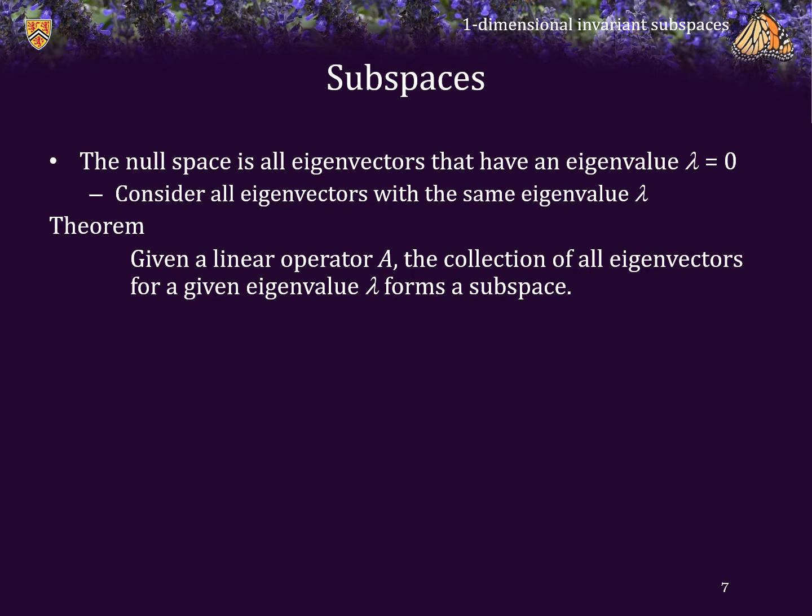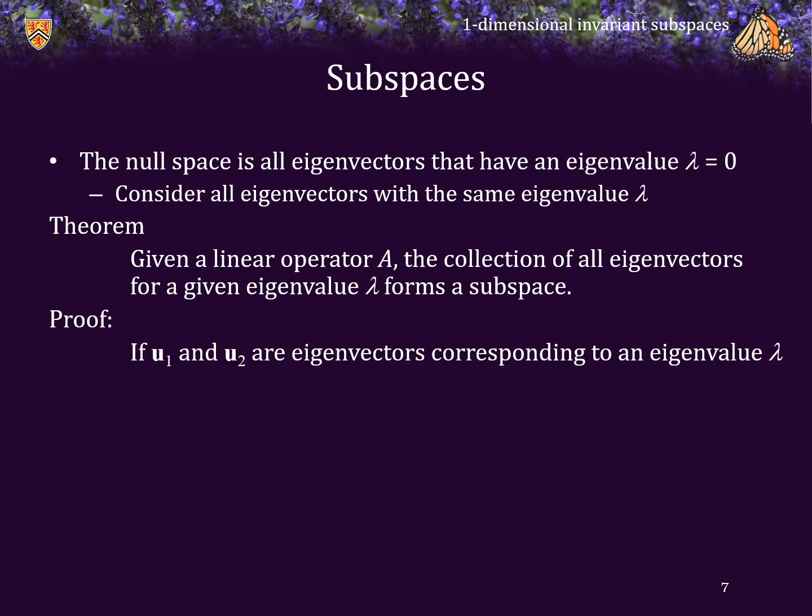Theorem. Given a linear operator A, the collection of all eigenvectors for a given eigenvalue lambda forms a subspace. Proof. If u1 and u2 are eigenvectors corresponding to an eigenvalue lambda, well, then it follows that A applied to u1 is that scalar multiple of u1, and A applied to u2 is that same scalar multiple of u2.